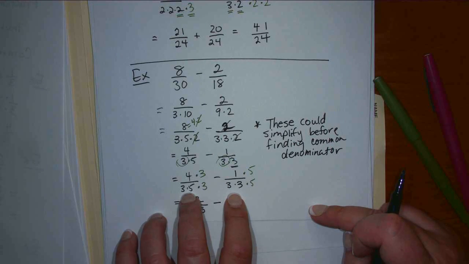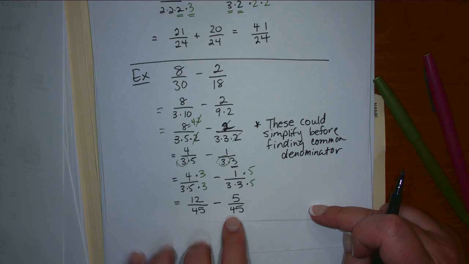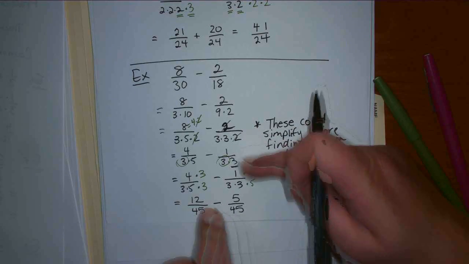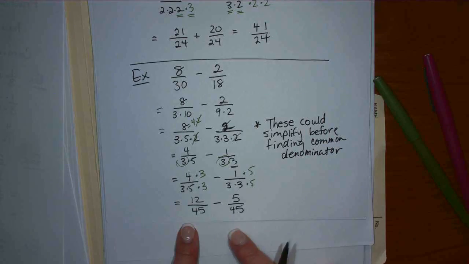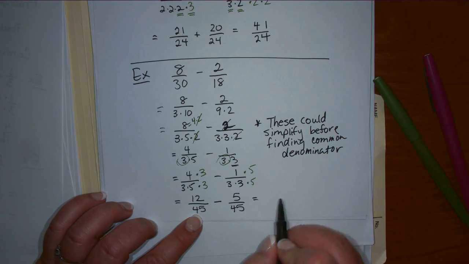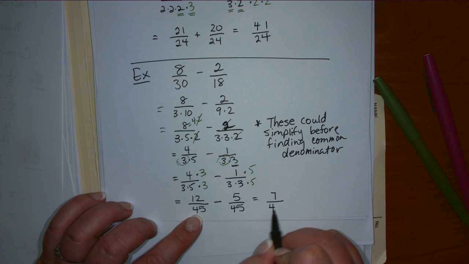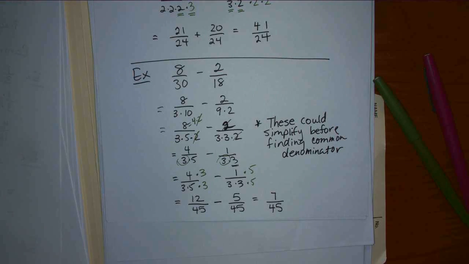Do you see what I'm saying? Don't say, oh, 5 and 5, that's 1 over 9. Well, you're going back to 1 over 9 right here. We were making the 45 the same. Once the bottom's the same, just subtract or add the top. So 12 minus 5. Does 7 go into 45? No, so that would be the end.